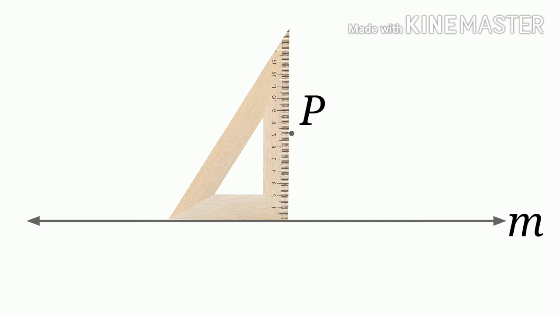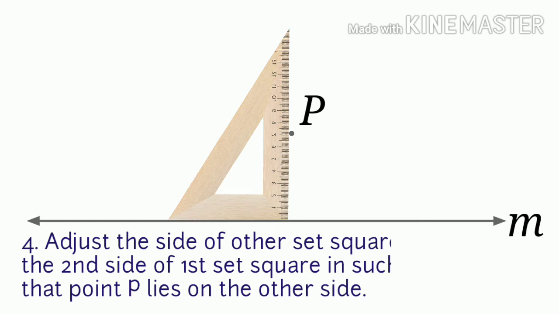Next step, adjust the side of the other set square along the second side of the first set square in such a way that point P lies on the other side of the second set square. Now we will take another set square.